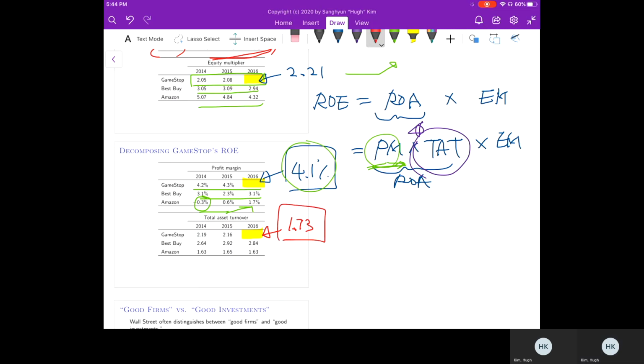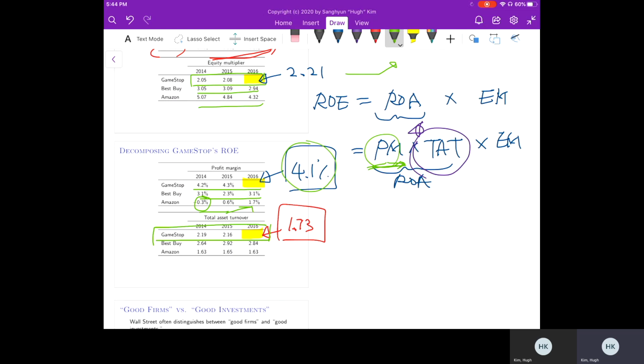Okay, as you can see here, GameStop's total asset turnover has decreased quite a bit from 2.1 and 2.2 to 1.7. That's a big drop.